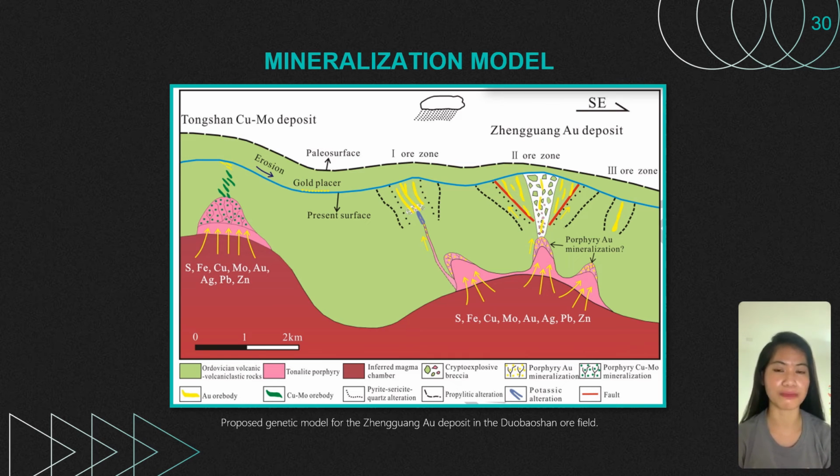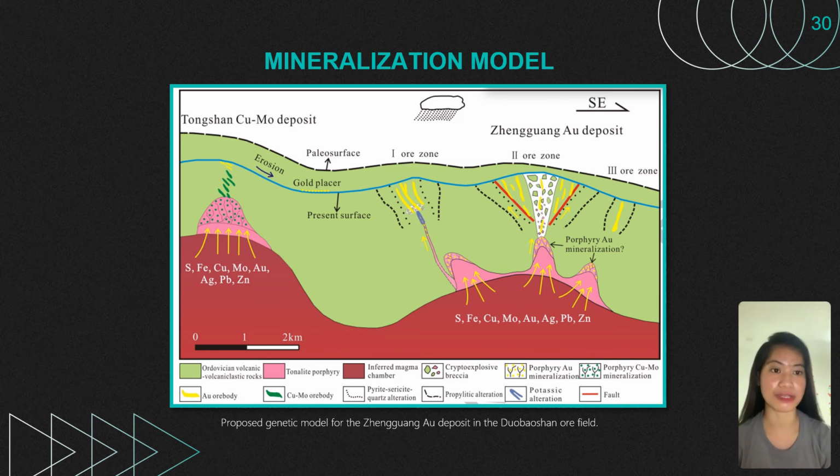Chlorite, epidote, magnetite, and specularite were quickly formed in the process, and a large amount of reduced sulfur was released at the same time. Following this early mineralization event, the quartz pyrite, quartz polymetallic sulfide, carbonate polymetallic sulfide, and quartz carbonate stages were sequentially formed with decreasing temperature and pressure of the ore-forming fluids.